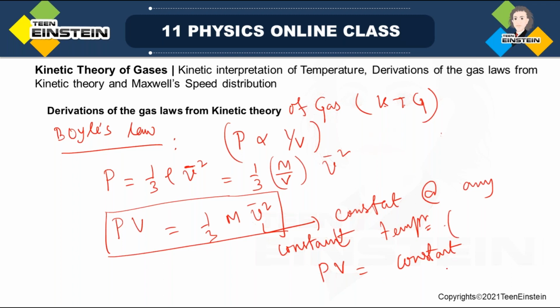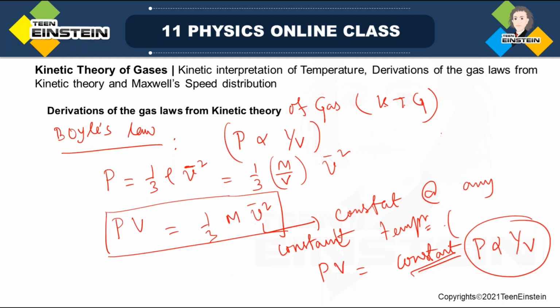And if this is a constant, P can be written as proportional to 1 over V. P is directly proportional to 1 over V. So this is actually derived.